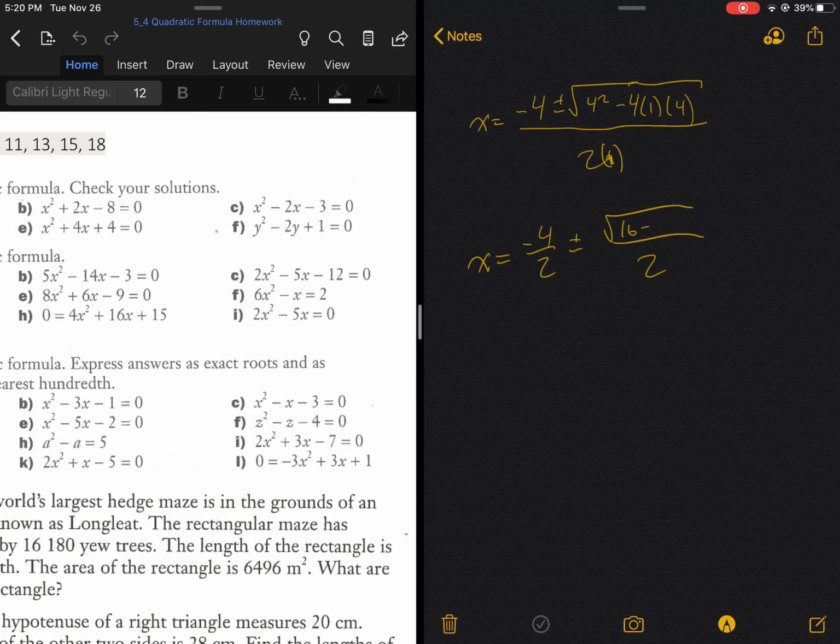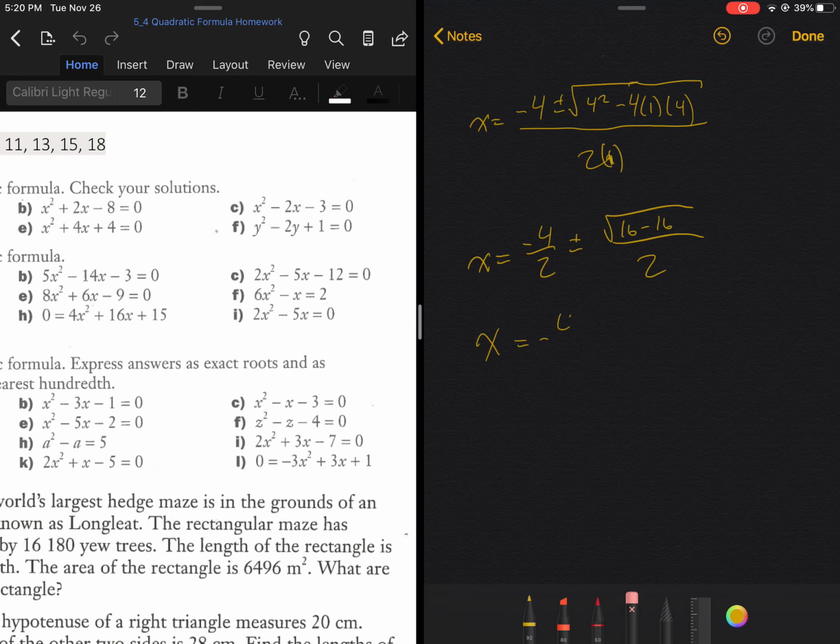Minus 4 over 2 plus or minus something over 2, which is 16 minus 16, which is going to be 0, right? Why do I say 0? Because 16 minus 16 is 0, square root of 0 is 0, over 2 is 0.